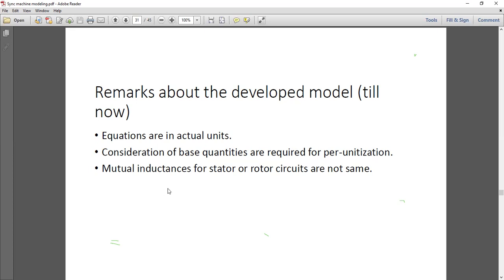That means all the equations that we have along the D and Q axis, we are going to apply the per unitization concept on those. And as you know, for getting the per unitized system out of the actual system, we first need to define some base quantities. Among these, for any AC system, what are the base quantities?